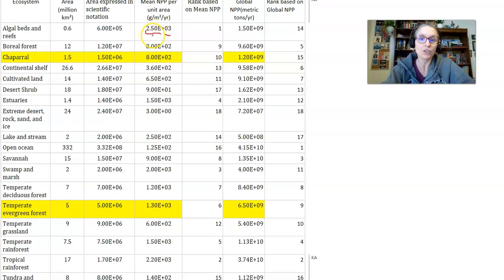So 2.5, that's 2,500, because the E is going to kind of take the place of the 10. And then to the third power, positive 3. Sometimes they're negative exponentials. That's why you have the plus. You can also have decimals, so we won't go into that. And then here's our answer that we were just checking, that 1.5 and then 10 to the 9.